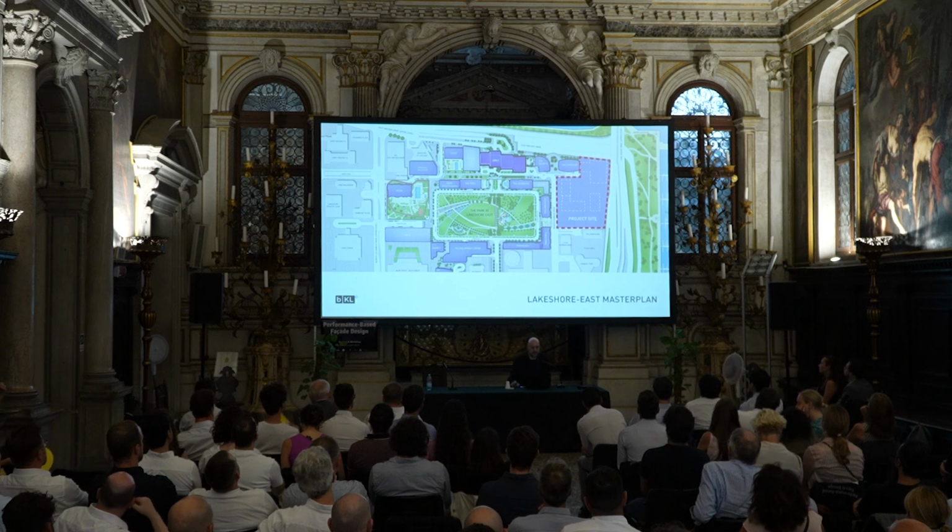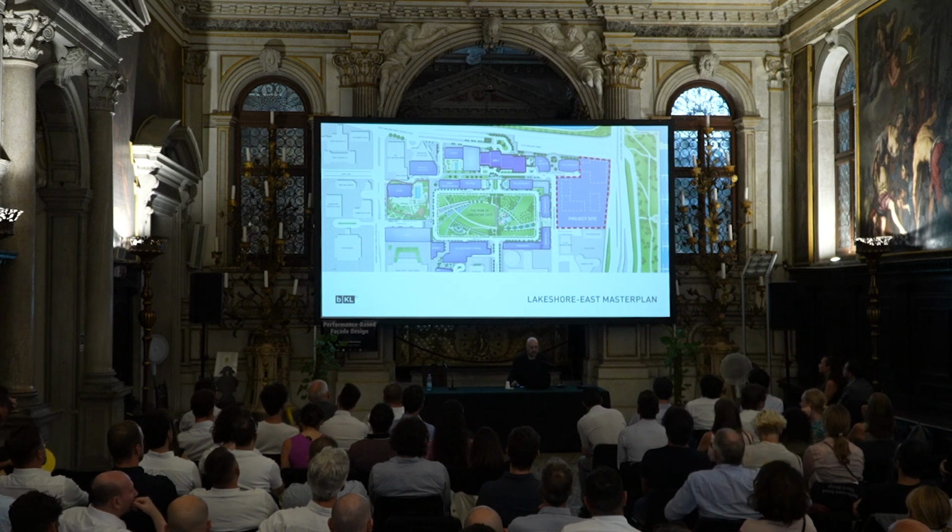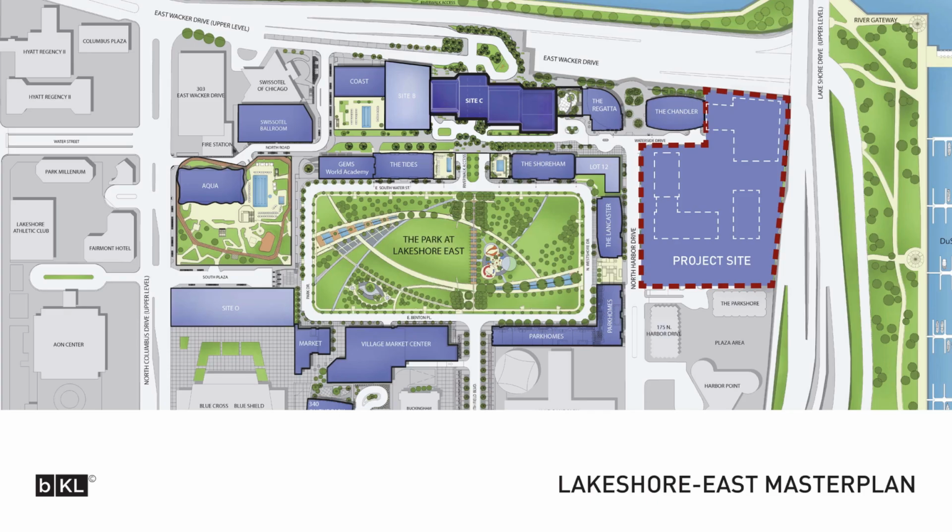You can see to the upper right the boundaries of the project site, part of this Lakeshore East master plan. It's basically connecting this Lakeshore East neighborhood and the broader downtown neighborhood, that vicinity, to the Chicago lakefront.